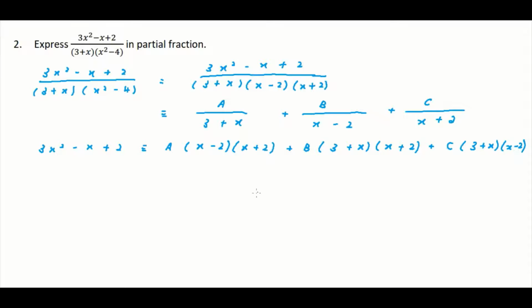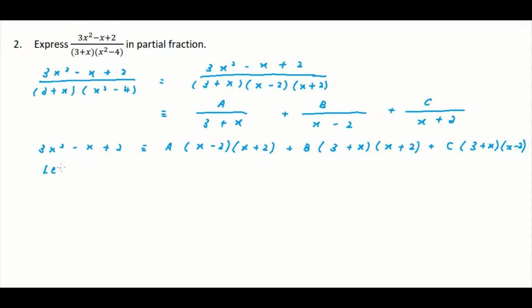After you have got this, the same thing. If you want to get a first, then think about how I can make b and c equal to 0. You can see that b and c have a common factor here, which is 3 plus x. So I can substitute my x as negative 3.